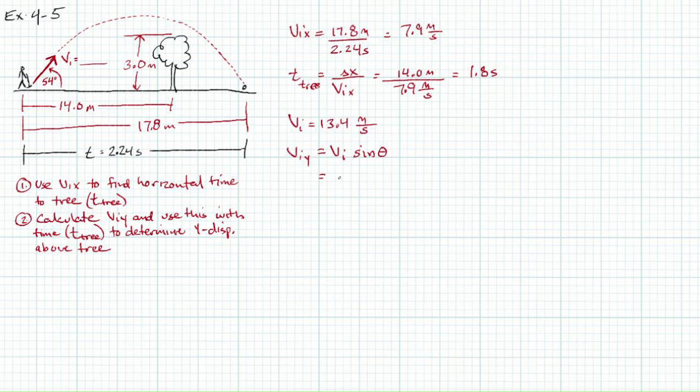Or you might say it's 13.4 meters per second, I'll just write that in, times the sine of 54. So this tells us that the y component of that original initial velocity is 10.8 meters per second.